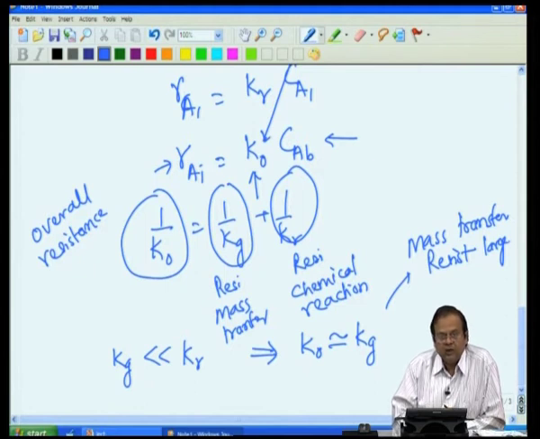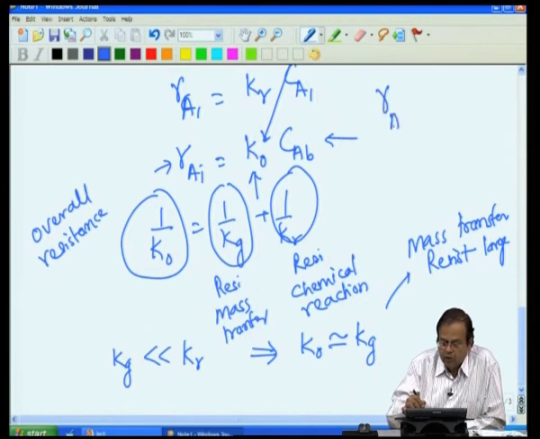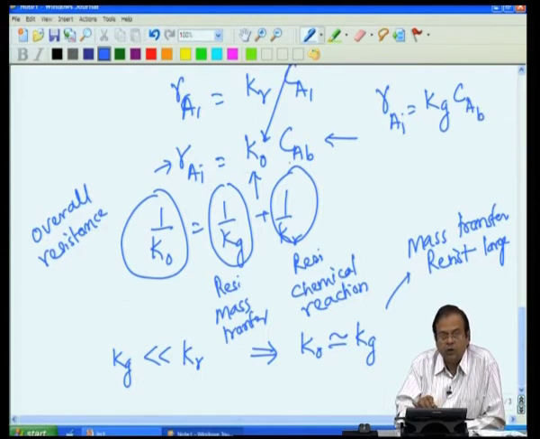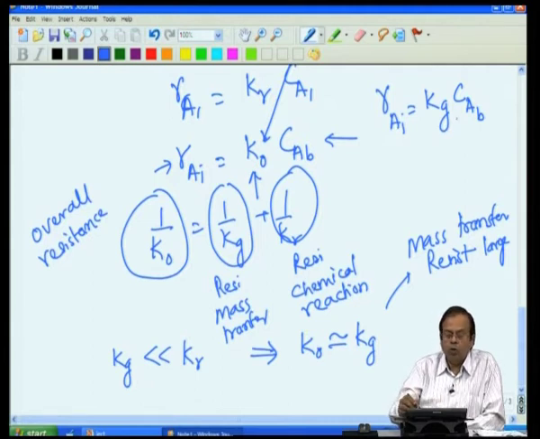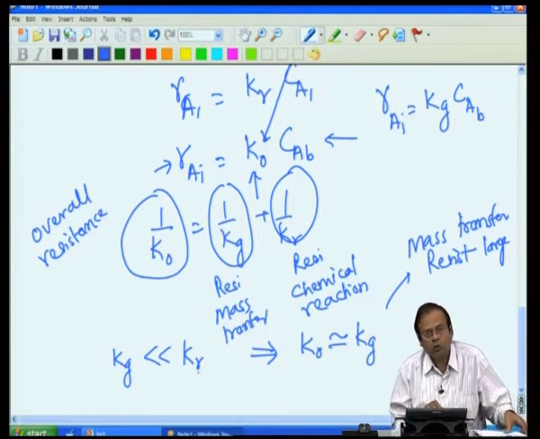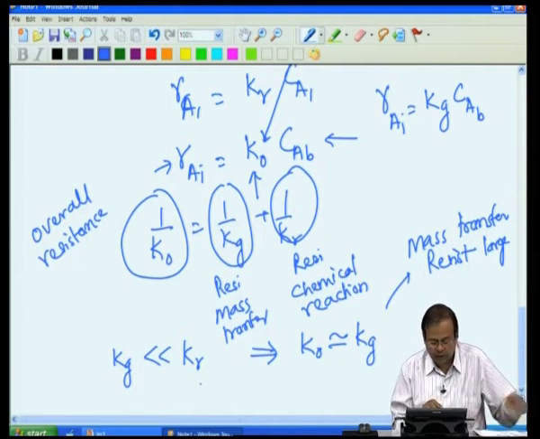So, what does it imply? If you go back to our reaction rate, RAI is K naught into CAB, it is actually Kg into CAB. So, the rate constant that we will measure is not the reaction rate constant Kr, but the overall mass transfer coefficient, if the mass transfer process is very slow compared to the chemical reaction.